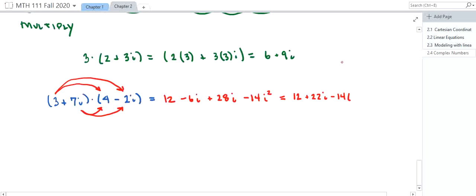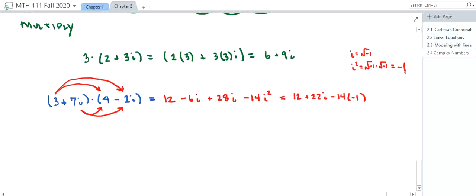Well, if i equals the square root of minus 1, then i squared equals the square root of minus 1 times the square root of minus 1. Well, that just equals minus 1. So anytime you have i squared, it's going to turn into minus 1.